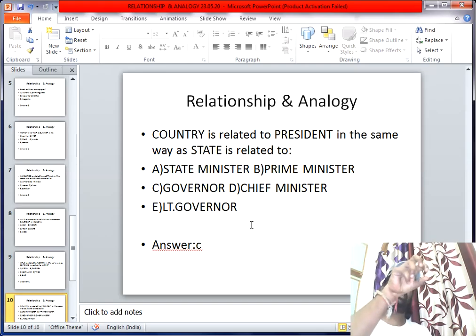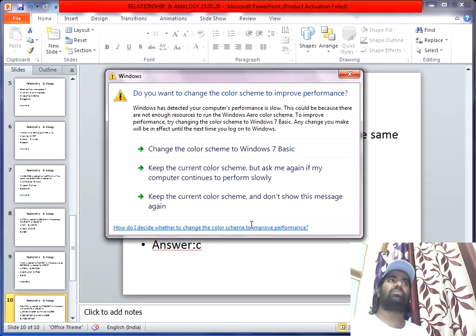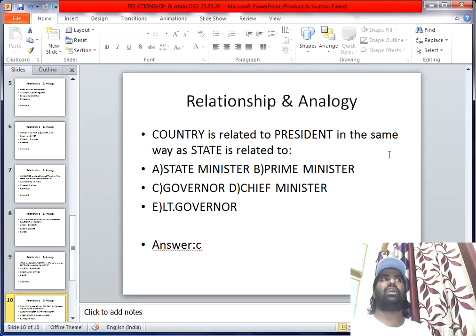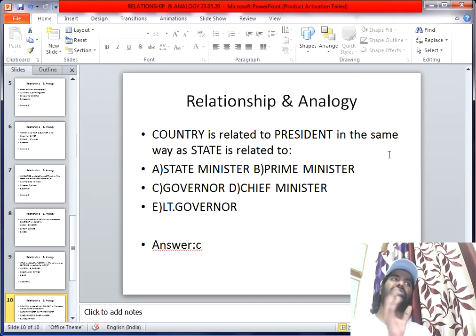Is it the state minister? Is it the prime minister? Is it the governor, or the chief minister, or the lieutenant governor? The answer is governor, but you should not get confused between the lieutenant governor and the governor. Lieutenant governor will only come into the picture in the union territories, right? The governors will be in the states. So they have asked, state is related to what? The answer will be governor.